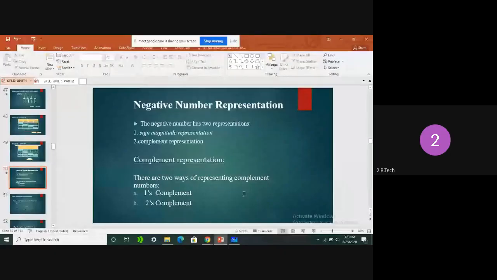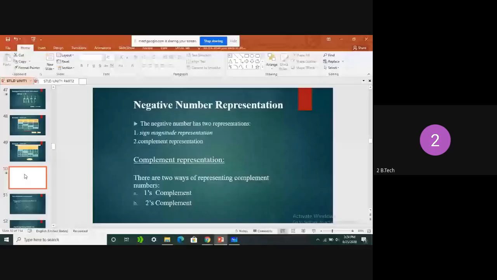So to identify a particular number as negative, the processor learns by placing 1 in its MSB position. I think all of you know what the MSB position is: the most significant bit, and this is the least significant bit. Clear, all of you?